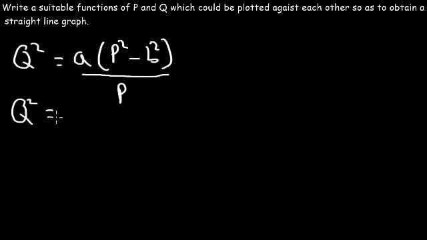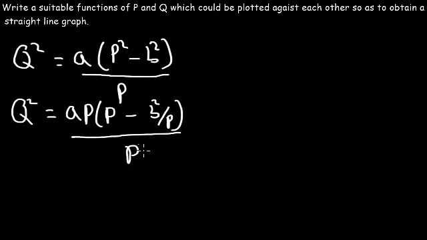Q squared equals, then taking p out, left over, and we have p here. But I need to balance this, so I will associate it with the division of p, so that by the time I expand the bracket, it will result in what it is initially, divided by p.